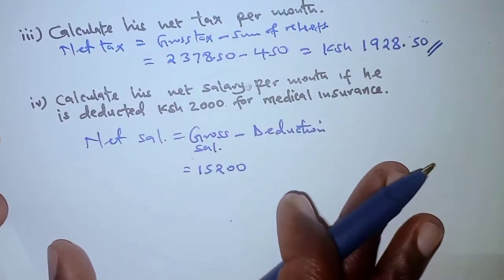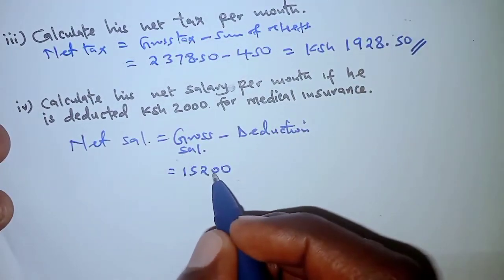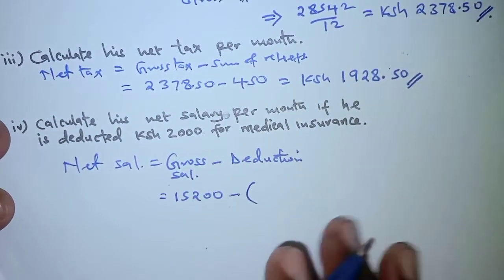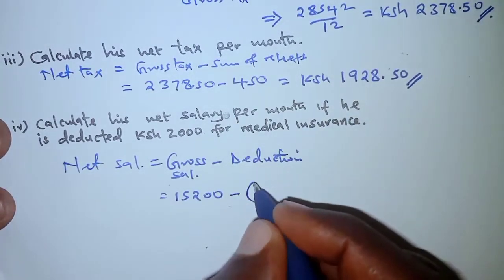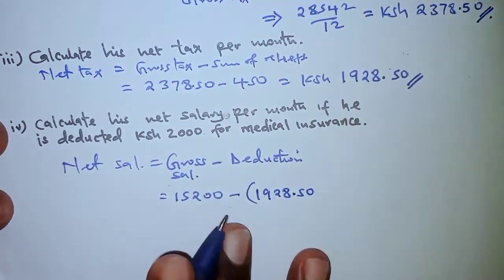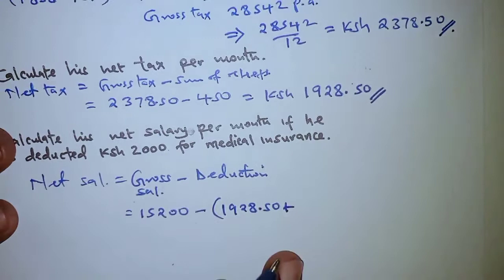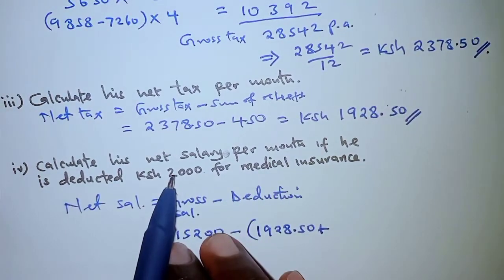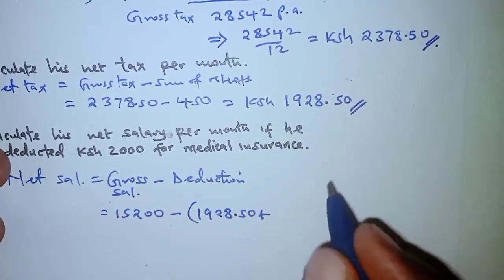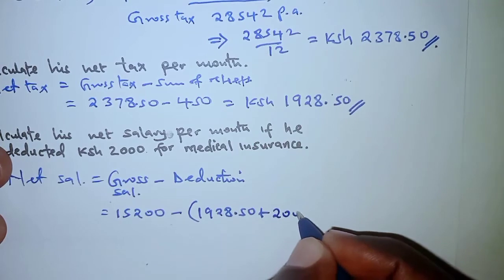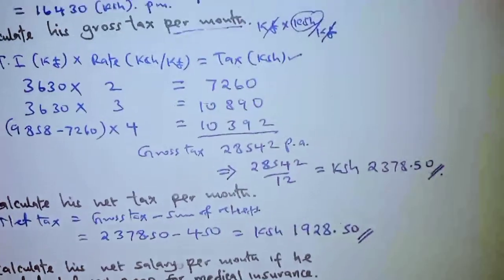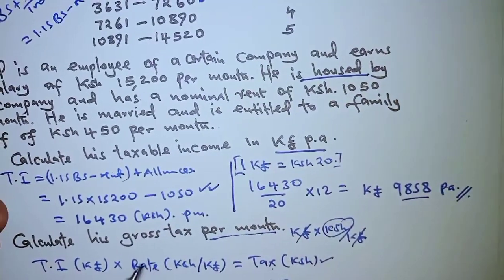So that means we have that as the gross salary, and then we subtract the deductions. Number one deduction is usually the net tax, which we have as 1,928 shillings and 50 cents, plus other deductions, we are told we have 2,000 shillings for medical insurance, and that is plus 2,000. And finally, remember we had exempted the nominal rent from the taxable income.